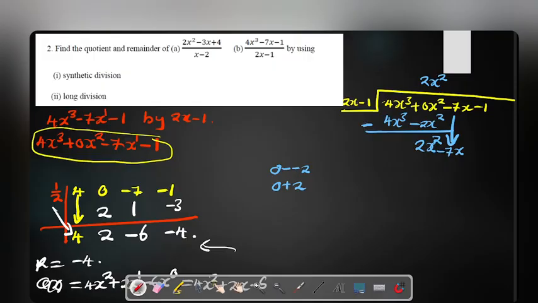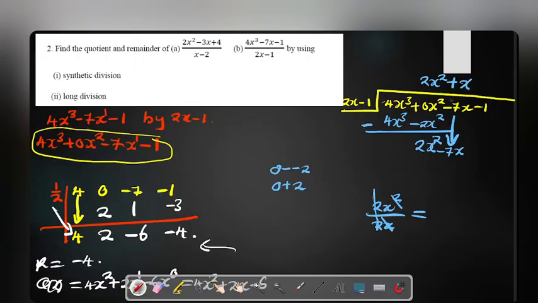Now we start again. We say 2x squared divided by 2x, what are we going to get? It is positive, because we're dividing 2x squared by 2x. The 2s cancel, then x cancels with one x, so we have positive x.